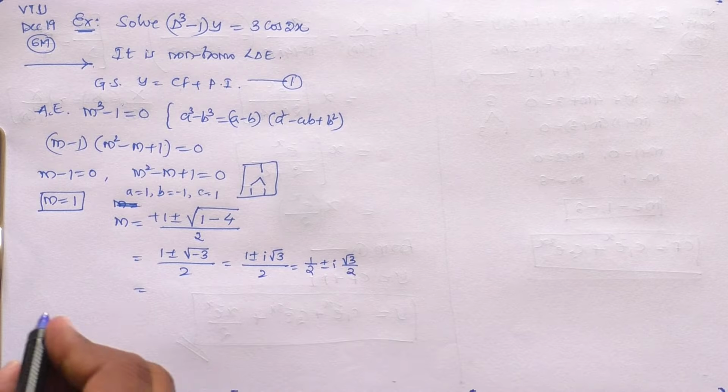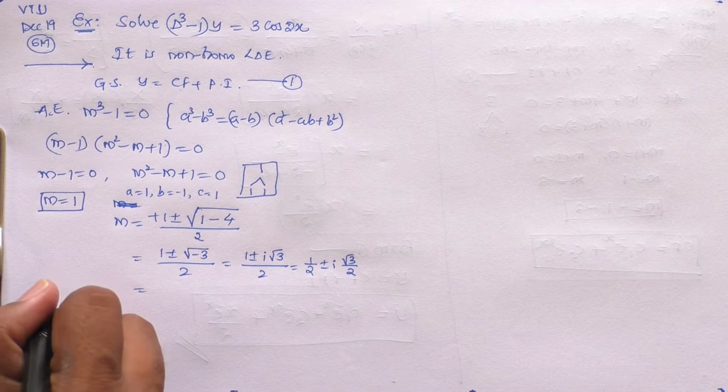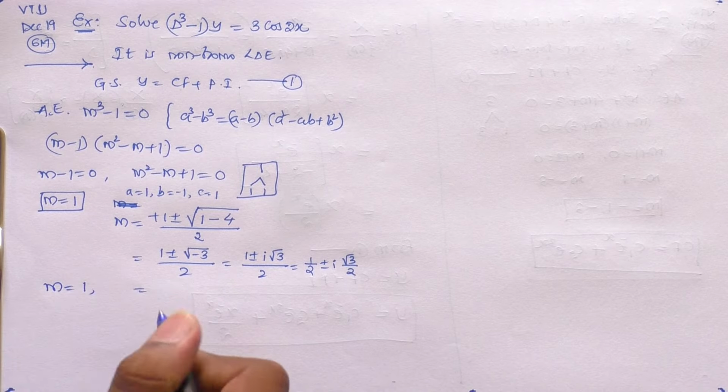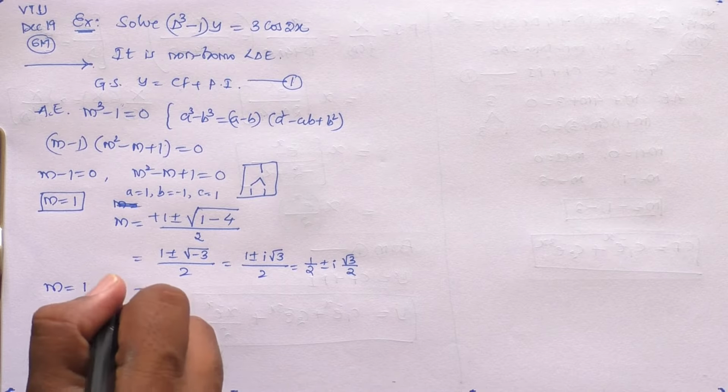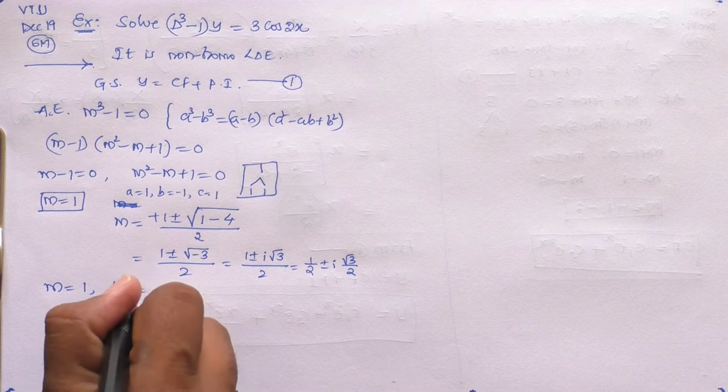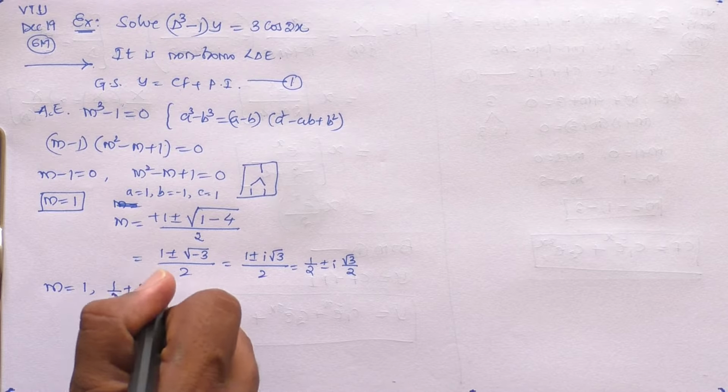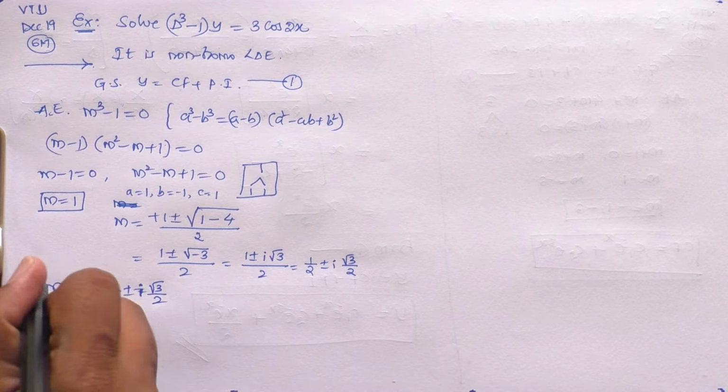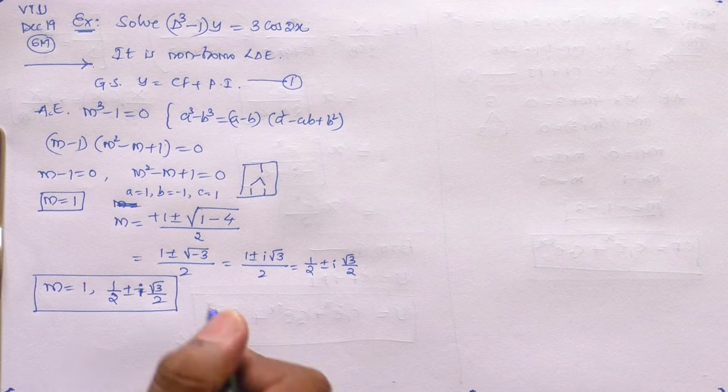So now we have complex roots. So total m values: one root is 1, then the remaining 2 complex roots are 1 by 2 plus or minus i root 3 by 2. So in total we have 3 roots, 1 real, 2 complex.